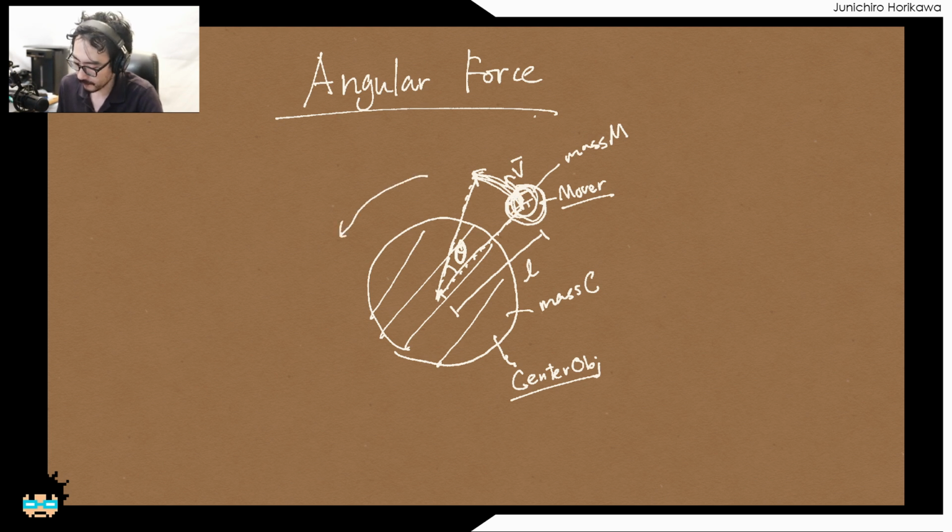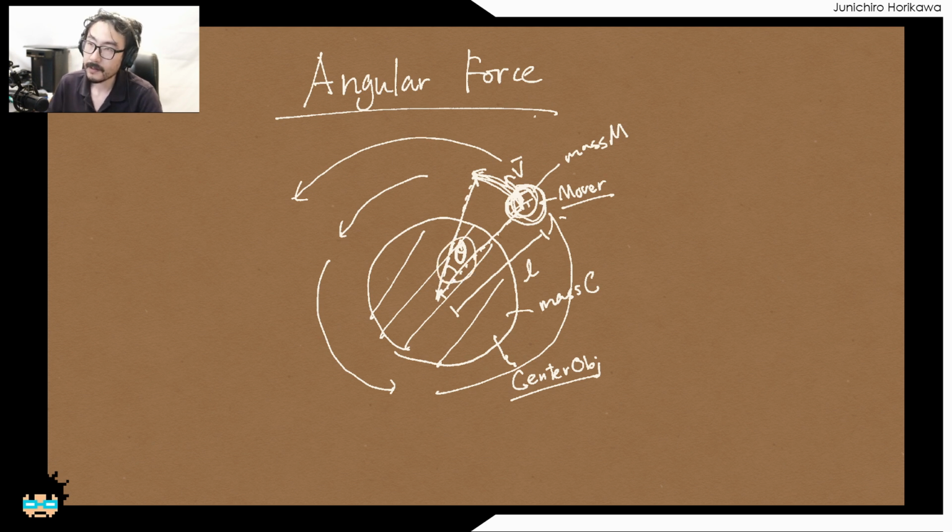So as time goes by and you have more frames, the speed becomes faster and faster, because at each frame you're going to add this angle incrementally, and the speed is going to be really high in the end.